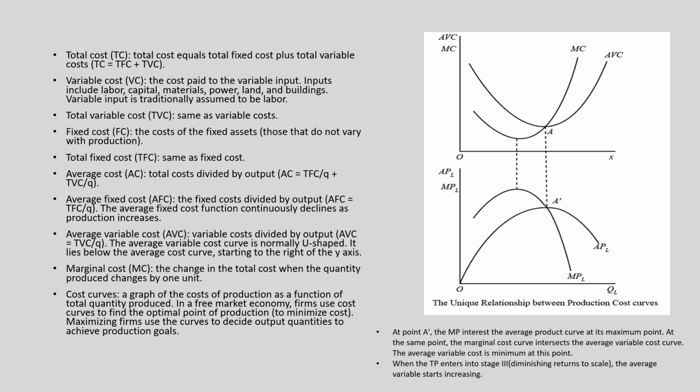Cost curves are a graph of the cost of production as a function of the total quantity produced. So in a free market economy, firms use cost curves to find the optimal point of production to minimize cost. Maximizing firms use the curves to decide output quantities to achieve production goals.